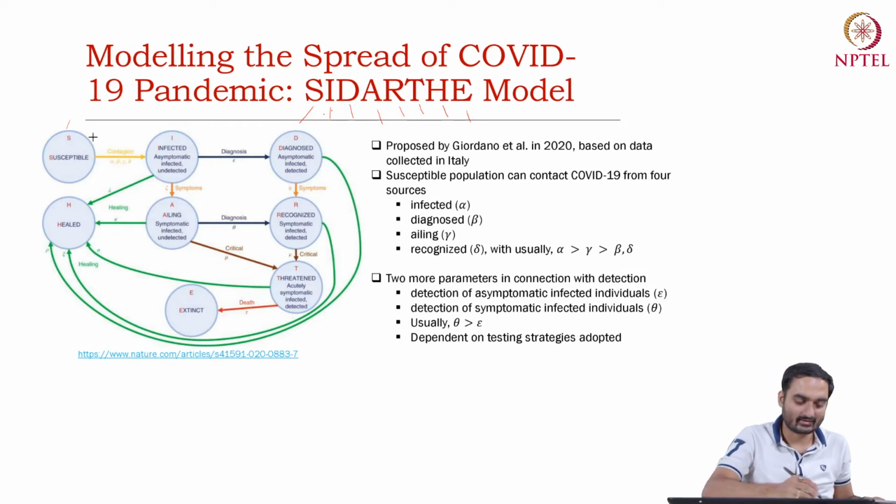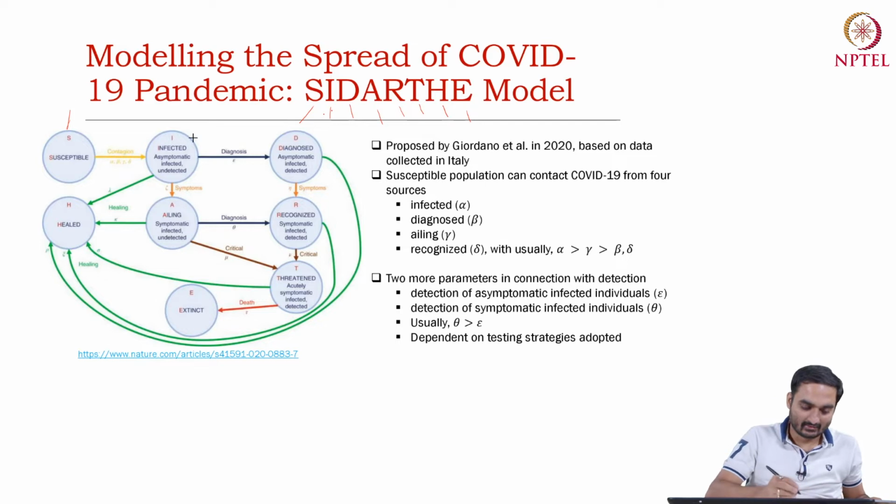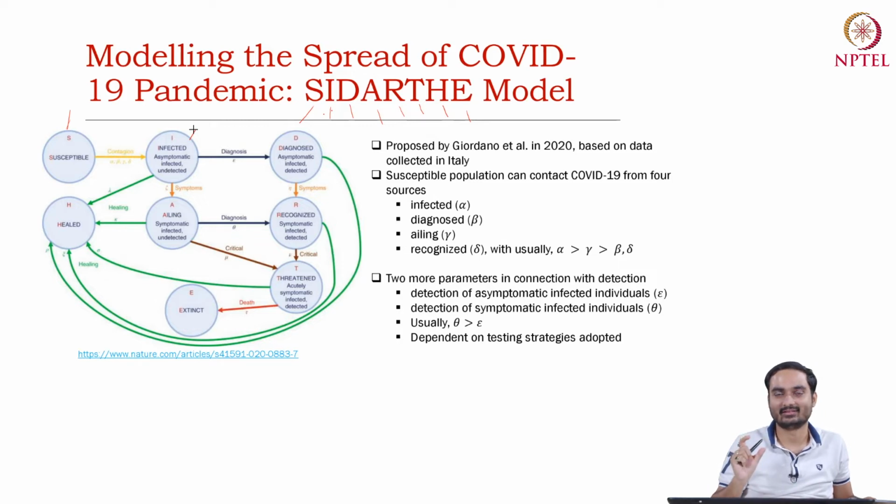Okay. So the susceptible population is the population which is prone to this virus infection, which is vulnerable in that sense. Infected populations are those which are asymptomatic but infected and undetected, the dangerous population.